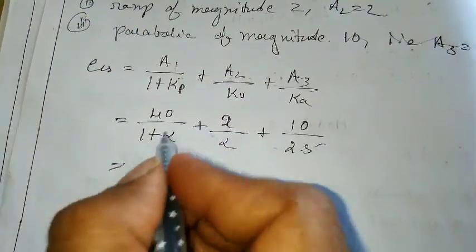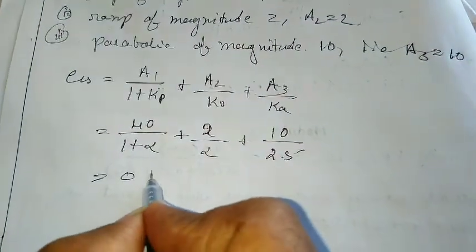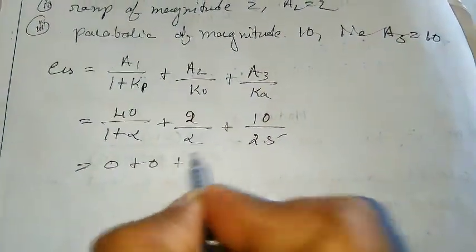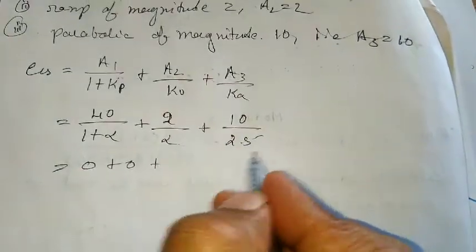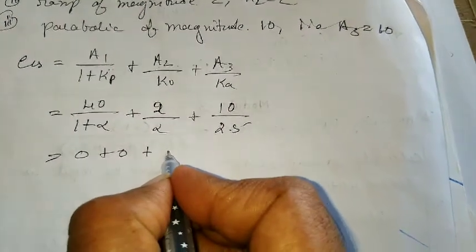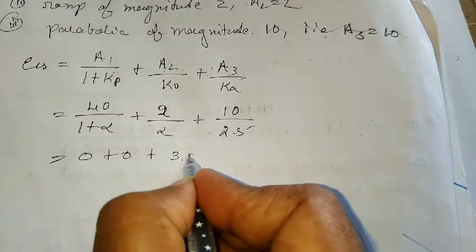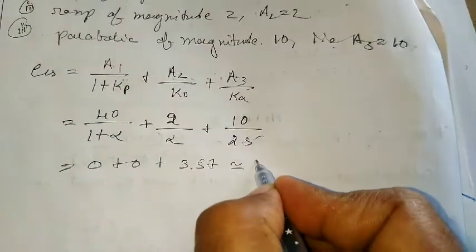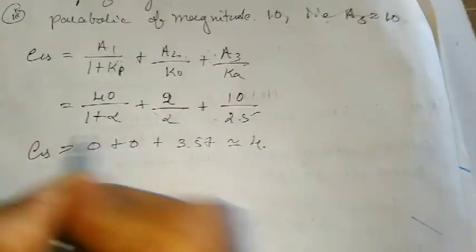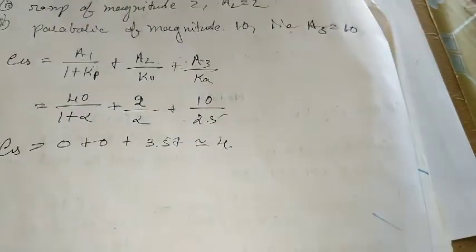So this is 40 divided by infinity, it will be 0, 2 by infinity will be 0. This is 10 divided by 2.5, it will be around 3.57, which is approximately equal to 4. So ESS is given as 4.